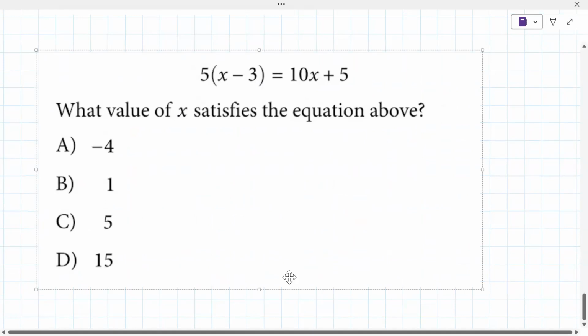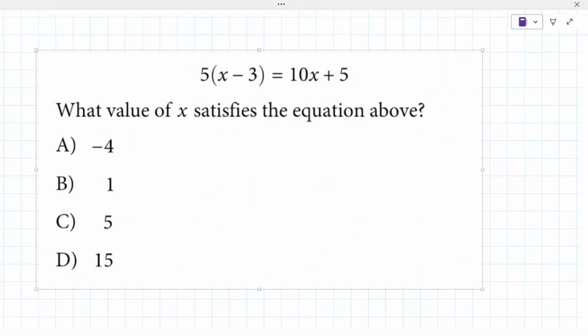Go ahead and take a look at this and let me know your answer. You can do it however you want. There's no right or wrong here. Let's see.